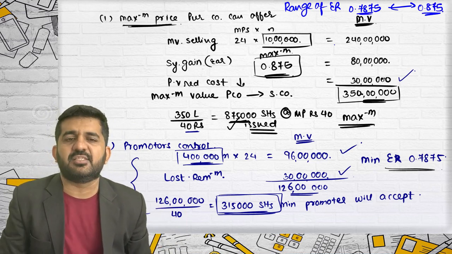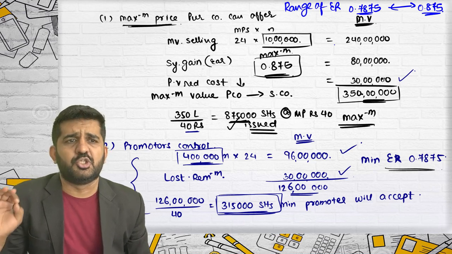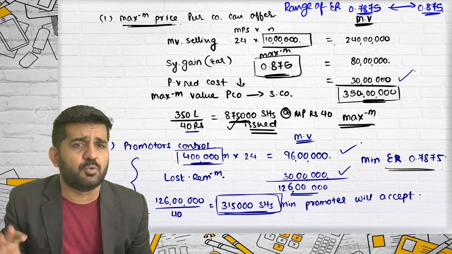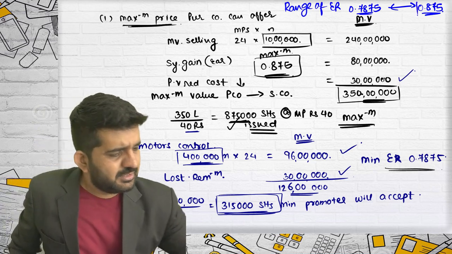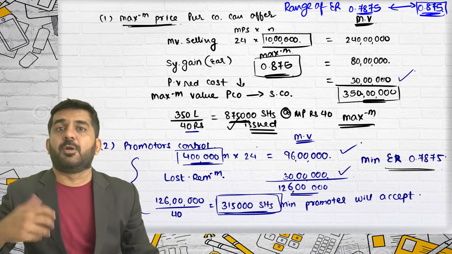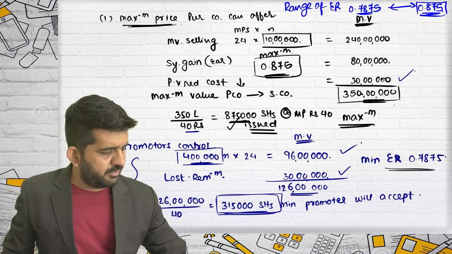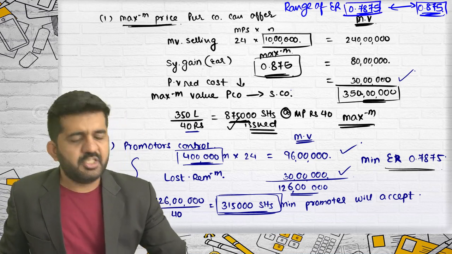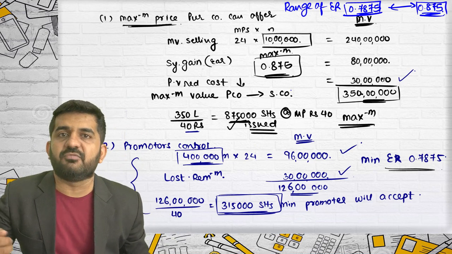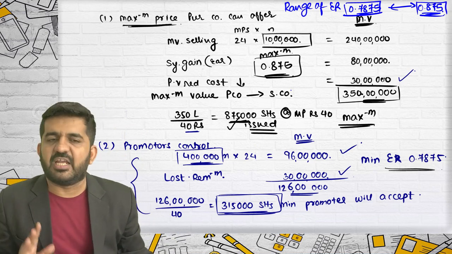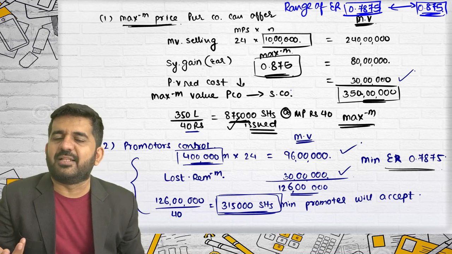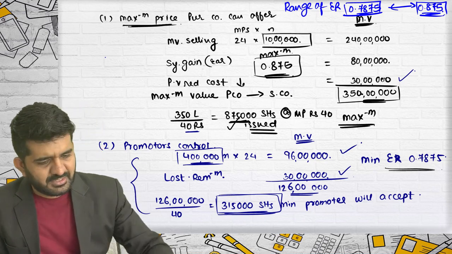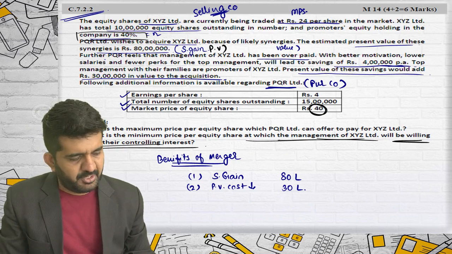Never asked in examination, but if it is asked, it should become an extremely easy question and not a difficult one. Correct. Yes, this exchange ratio is based only on promoters, not on the whole of the selling company, but on the promoters of the selling company. Is it all right? Ultimately, you will have to convince promoters to sell the company. This is question number 7.2.2.